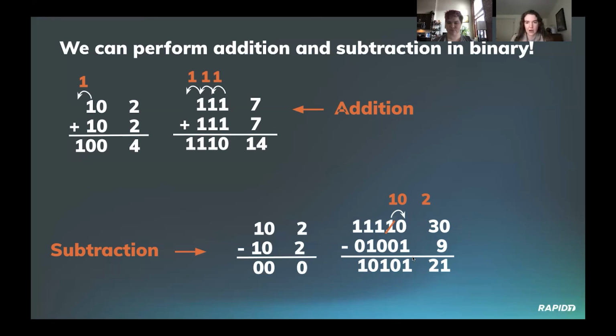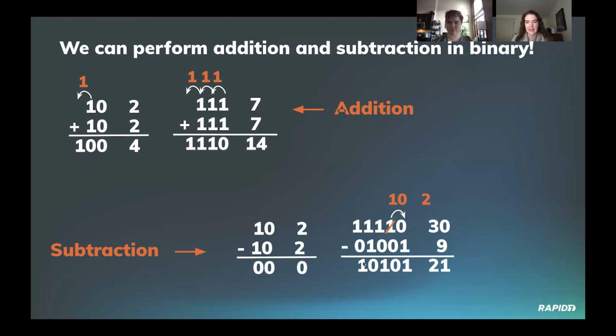And then we go to the next column. We know that's no longer 1 anymore. It's a 0. So 0 minus 0 in the tens column is 0. And then 1 minus 0 in the next column over, hundreds column, is 1. And then 1 minus 1 is 0. And then 1 minus 0 is 1.